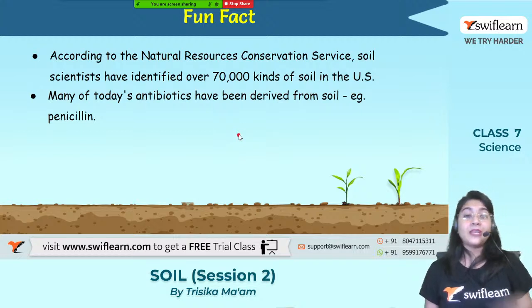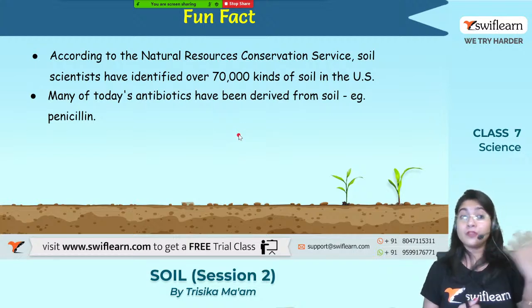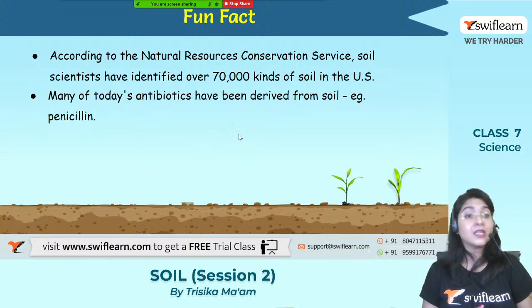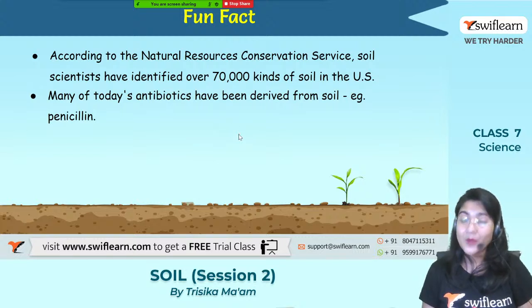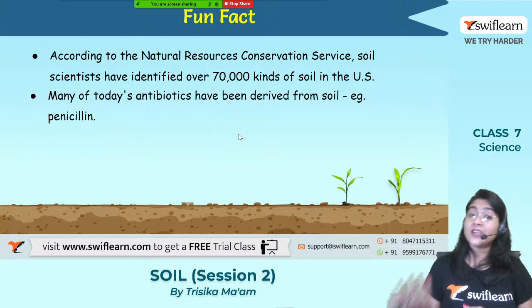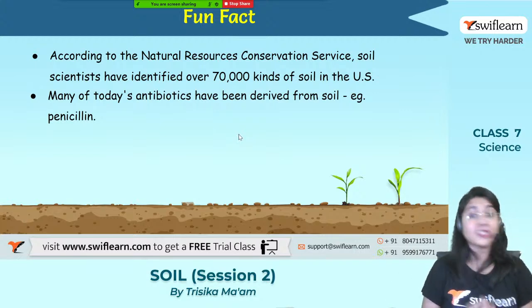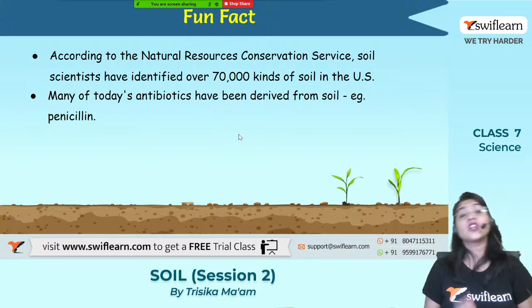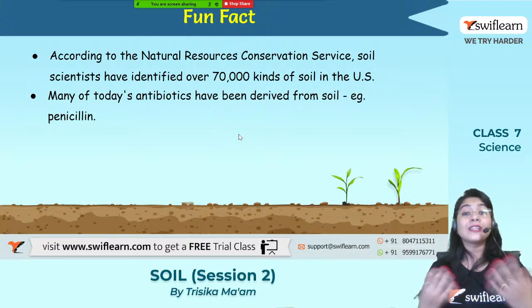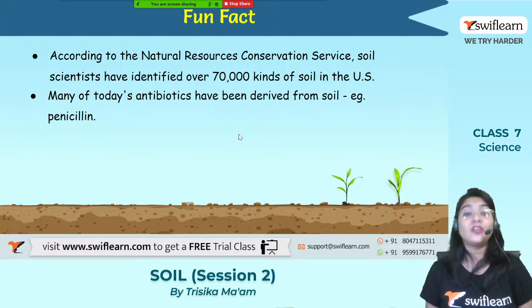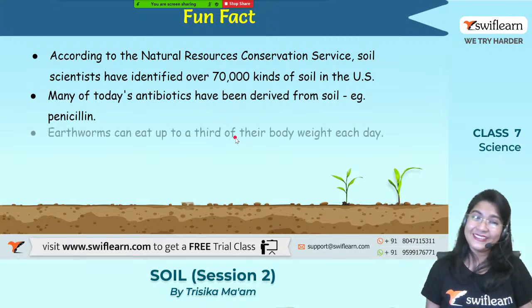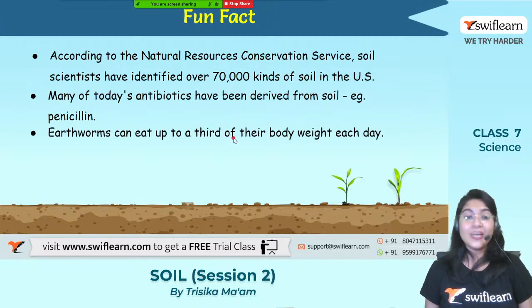Do you know that penicillin was first derived from the fungus Penicillium notatum. Okay, so this fungus is also present in the soil. So from there we can get the antibiotics. The antibiotics are the medicines which help to cure the different bacterial infections in our body. Hannah? Yes?